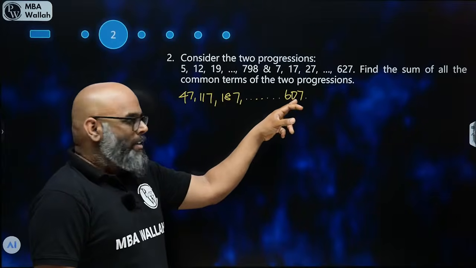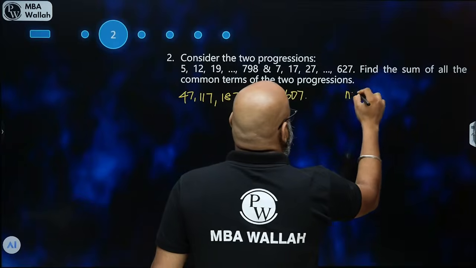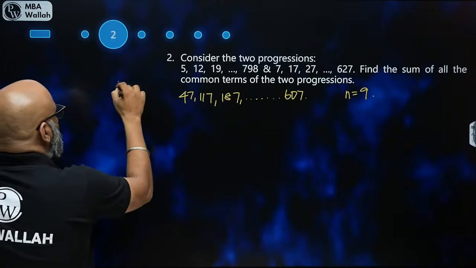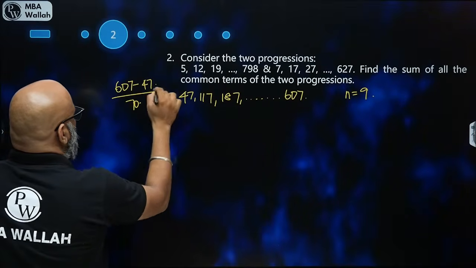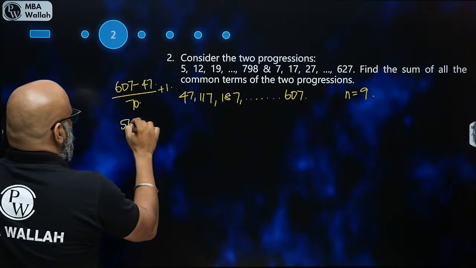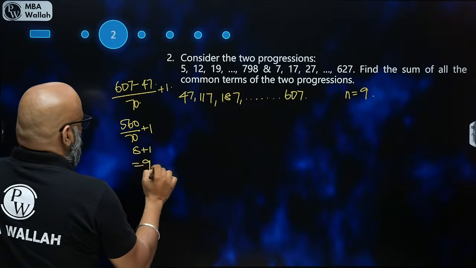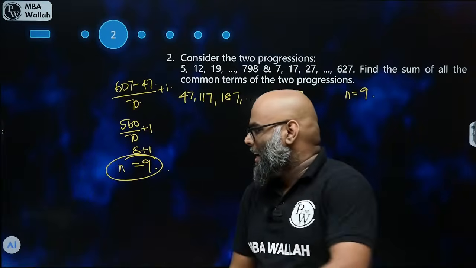This is the 8th term and there's a 47 sitting here. So n is equal to 9. Or we can do it 607 minus 47 divided by 70 plus 1. This is 560 by 70 plus 1. 8 plus 1, n is equal to 9. The number of terms in the series will be 9.